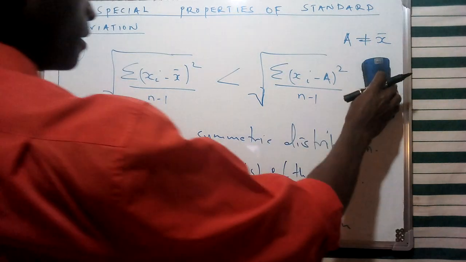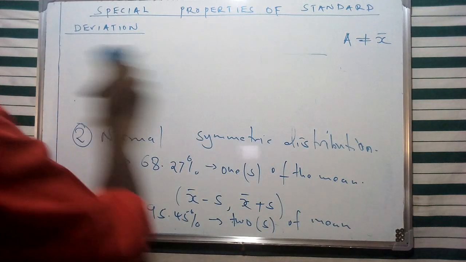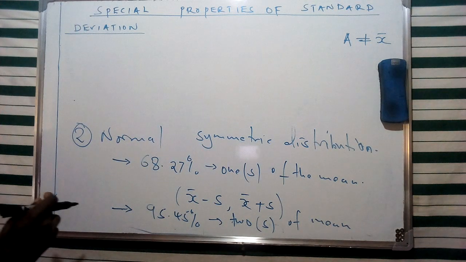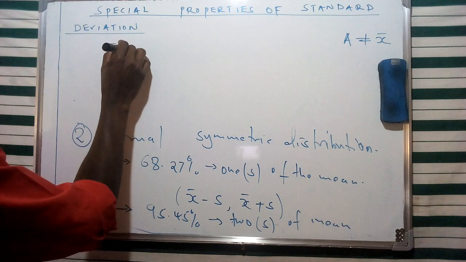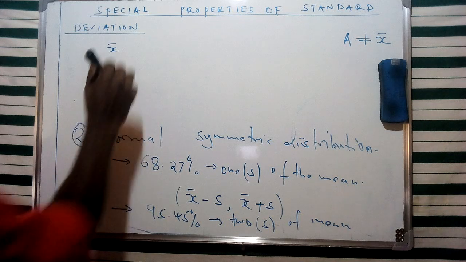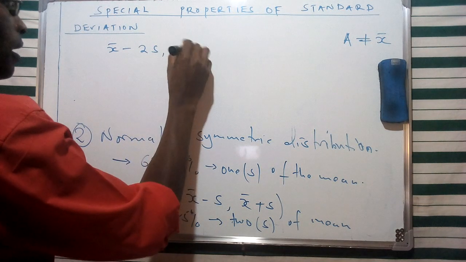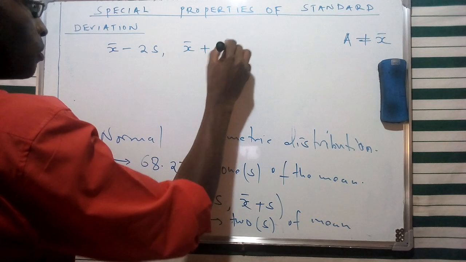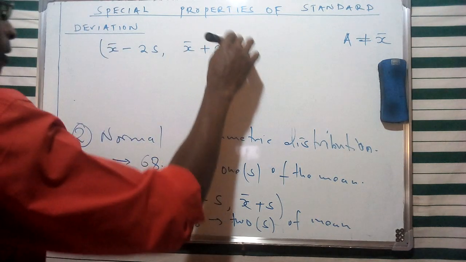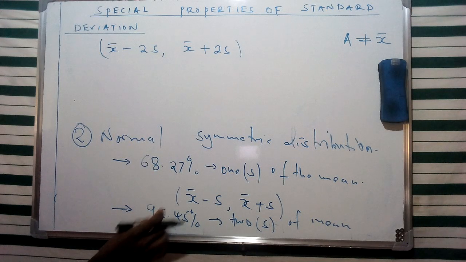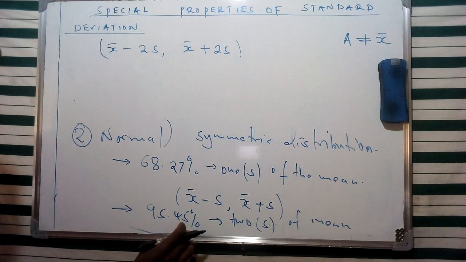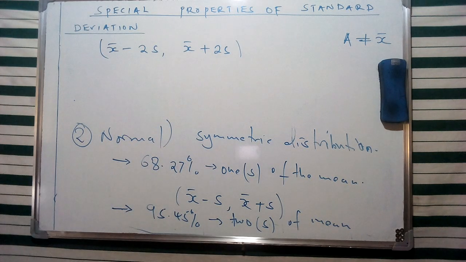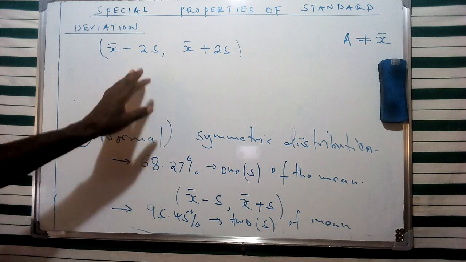This is a continuation of the second characteristic, represented as x, which is the mean, minus 2 standard deviations, or x plus 2 standard deviations. So this caters for the concept for a symmetric distribution or a normal distribution. 95.45% of the data values are going to fall within two standard deviations of the mean, and this can be represented using the above representation.